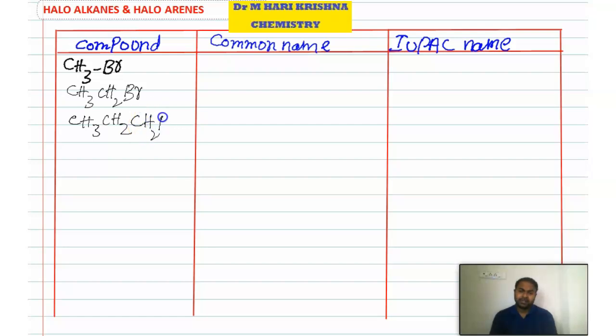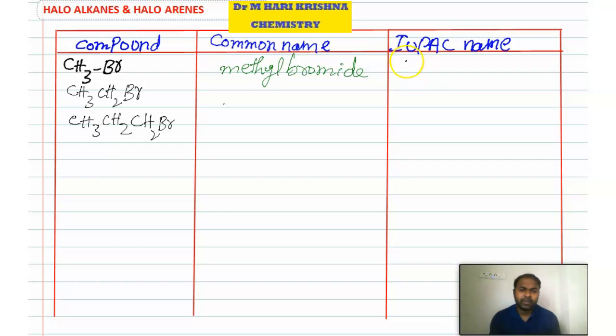See, students, first one. Here I wrote CH3Br. The compound is CH3Br. CH3 means methyl, so methyl bromide.